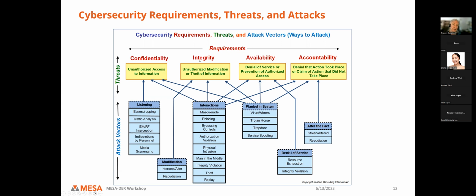Integrity, the data is not changed. Availability, that you can get the message through if you need to have it sent or received. And accountability, where you're saying, let's make sure that if it did get received, the other side doesn't say it didn't get it, or that in fact it didn't get it, and that has to be taken into account.